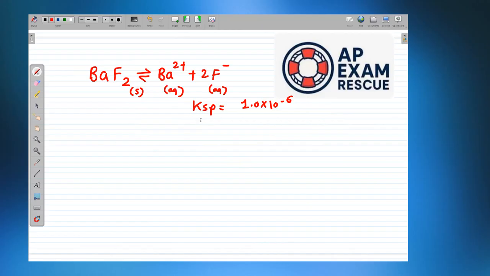What happens if I lower the pH again? So how do you lower the pH? You lower the pH by adding what? By adding H plus. So what happens to the H plus?